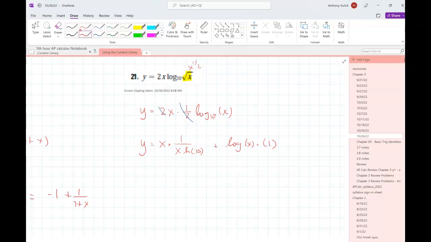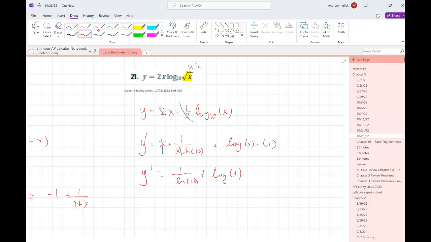That's it. We can clean this up a little bit and those will cancel out. So I have 1 over the natural log of 10 plus the common log of x. That's probably where I would leave it.